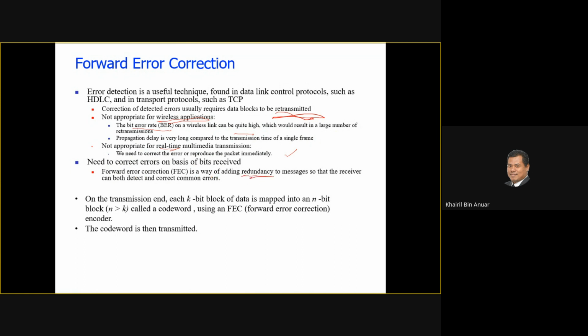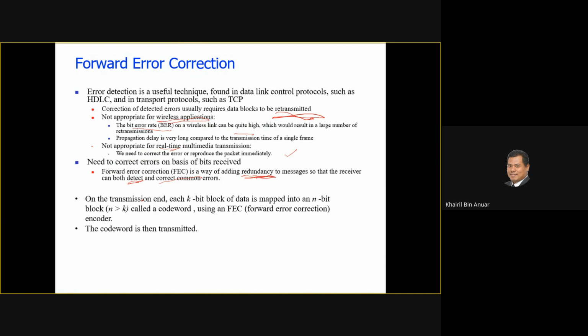The keyword here is redundancy to the message, so that the receiver can both detect and correct common errors. Again, detection here might not be perfect, but at least you can detect and correct whatever common errors can be detected, though not everything can be detected directly.